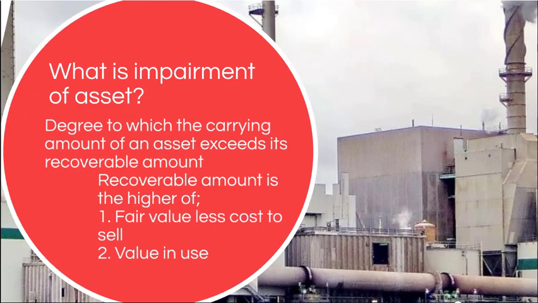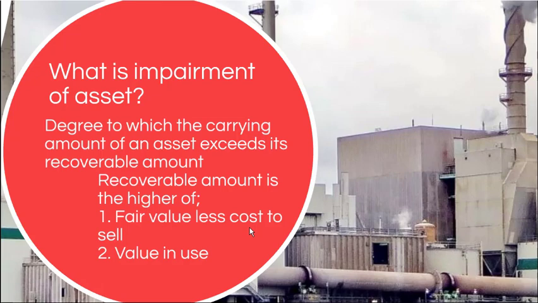Next, impairment. This is a new concept for you. We are not going to discuss impairment in detail here, because this concept will be covered in another chapter. But in general, we'll now discuss the definition of impairment. Impairment is the degree to which the carrying amount of an asset exceeds its recoverable amount.